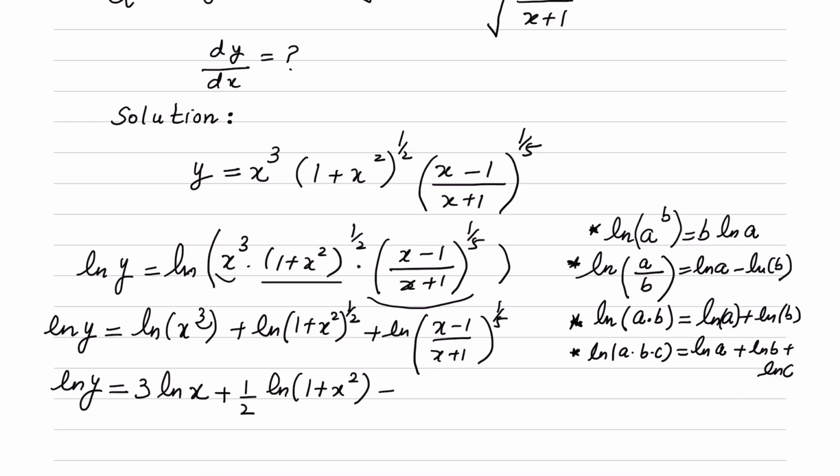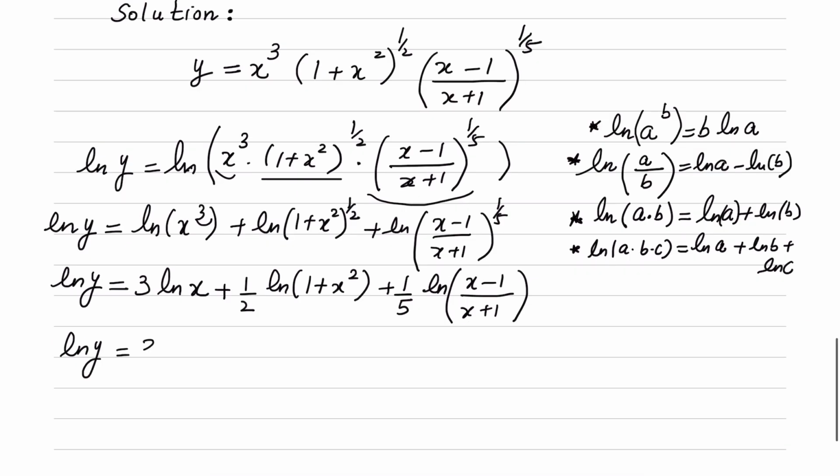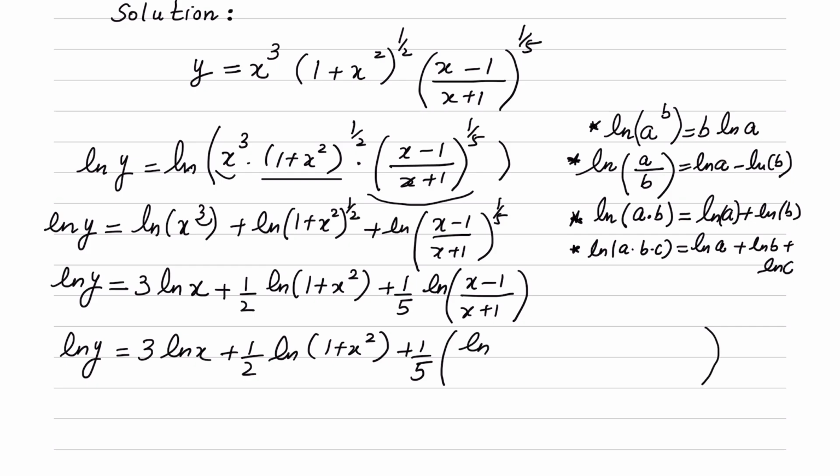Another log property, that this power 1 by 5 comes on the side and you have ln of (x minus 1 over x plus 1). We can further simplify this right hand side, 3 ln x as it is, 1 over 2 ln (1 plus x square) plus 1 over 5. Here we are applying the log property. ln of division term could be written as ln of numerator minus ln of denominator.